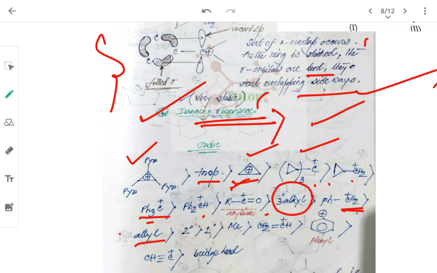Then allyl, then 2 degree, 1 degree, methyl, then this, then phenyl, then this, and at last we have got bridgehead. They are very poor or very rarely stable products and extremely unstable carbocation forms.